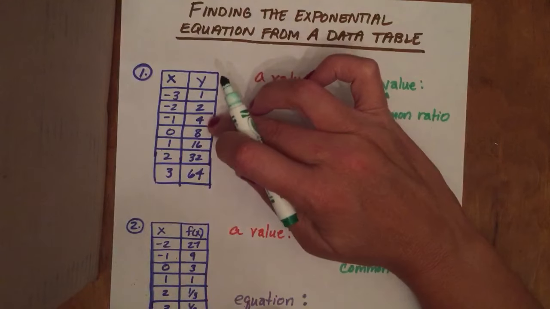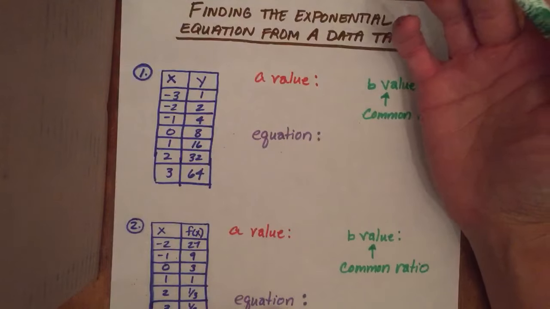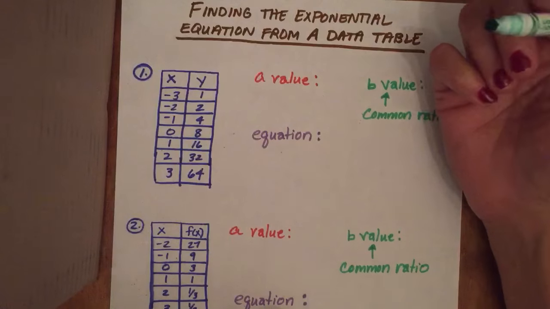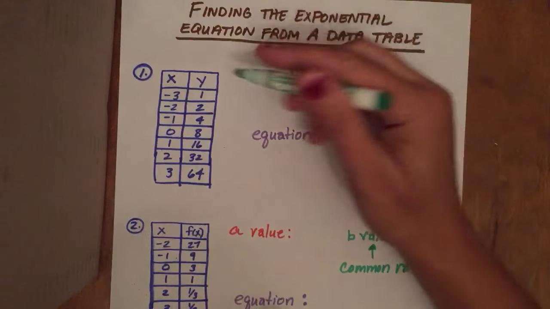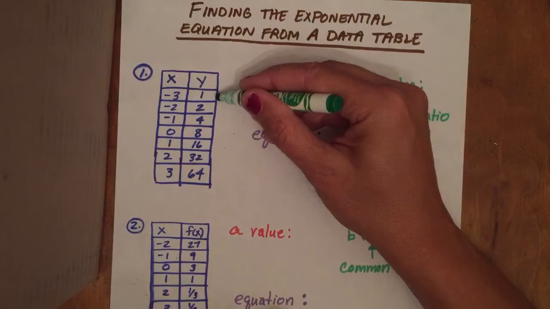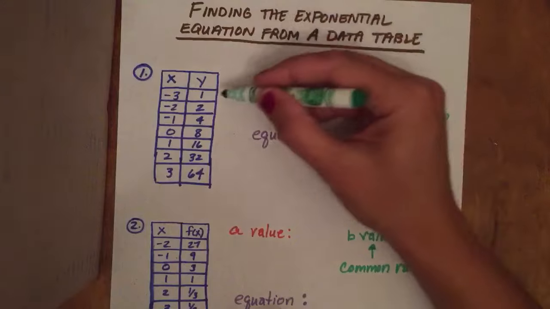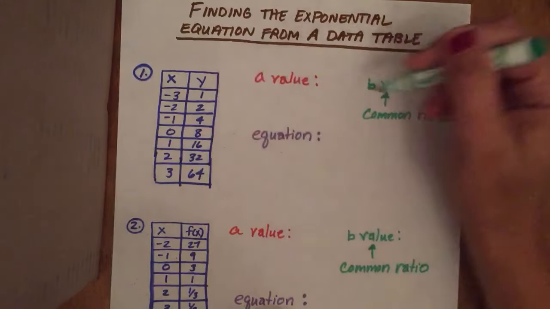So now I can look at all of these and make sure they all have the same common ratio. And what we determine is the common ratio is a factor. It's a multiple. It's what did we multiply the previous y value by to get the next y value. And in order for this to be a typical exponential function, you have to have a common ratio.